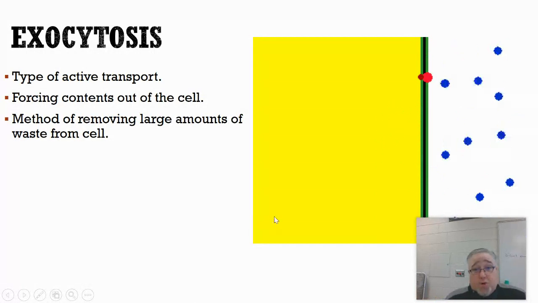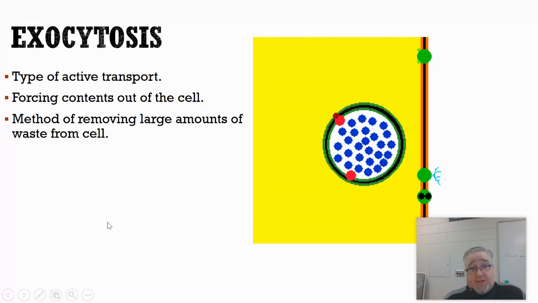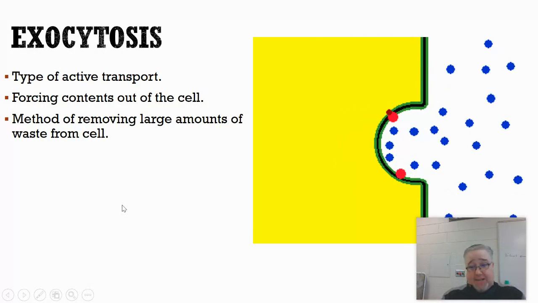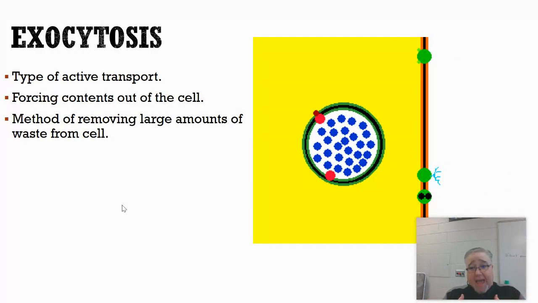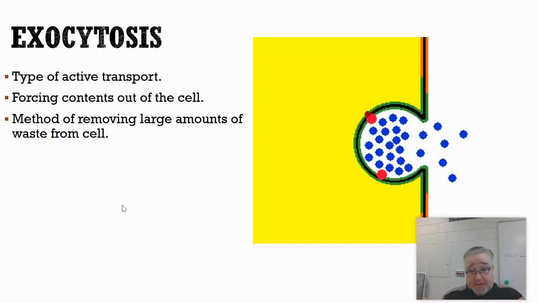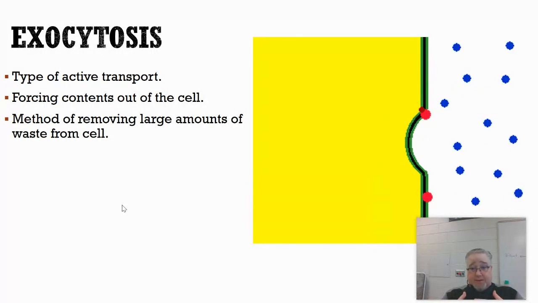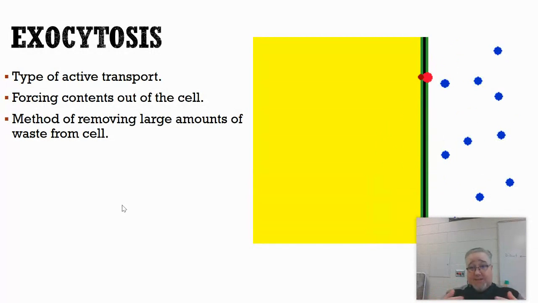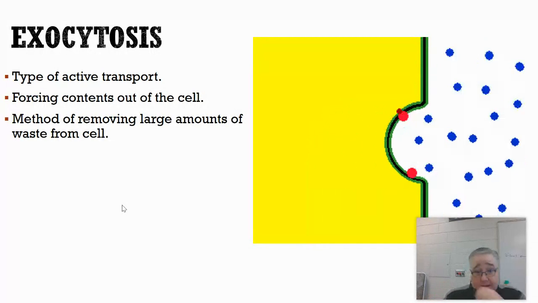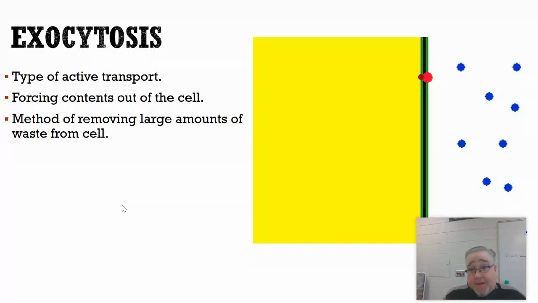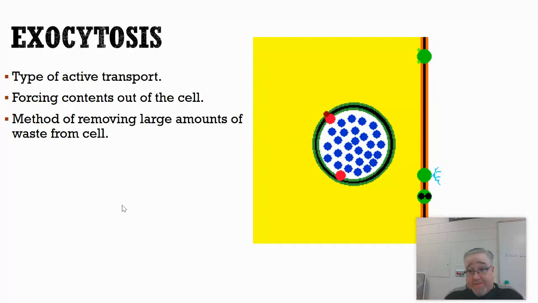So this would require energy. This is a lot of times how your body cells, in fact every cell in your body, has to get rid of waste products. And getting rid of that waste means forcing it out of the cell. Your cells are going to have to use energy.